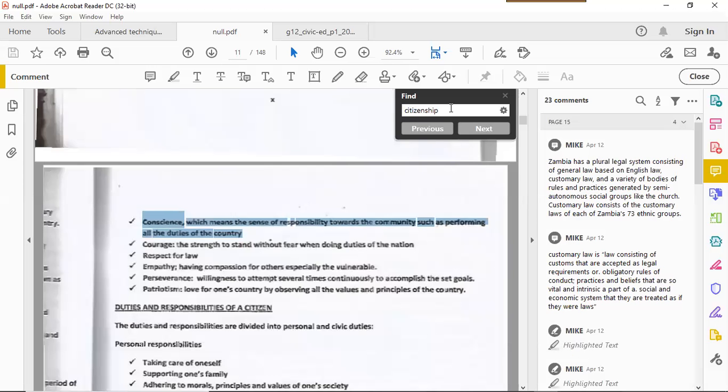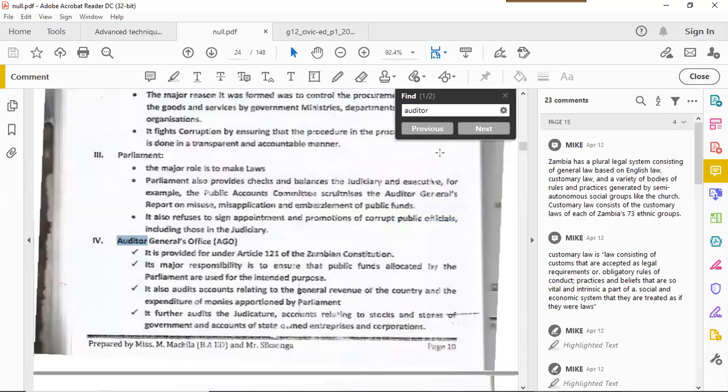Once you've gone to your textbook, you can say Control F, then you just type in Auditor, and you can see that there are 2 results there, so you can click on that one, and it will lead you straight to the Auditor General's office. That's how powerful this search tool is.